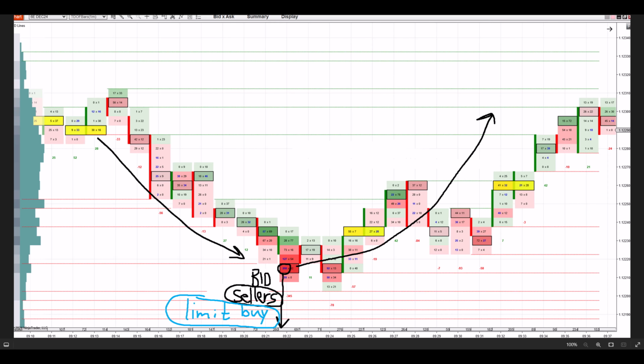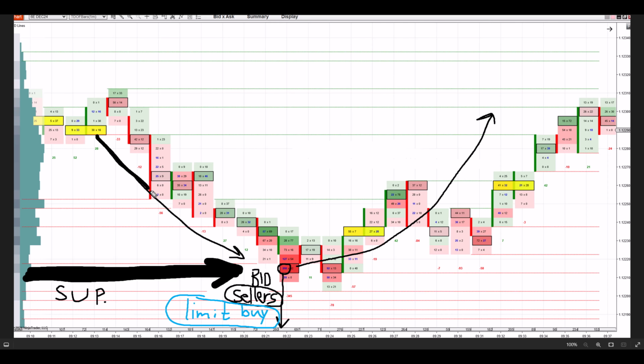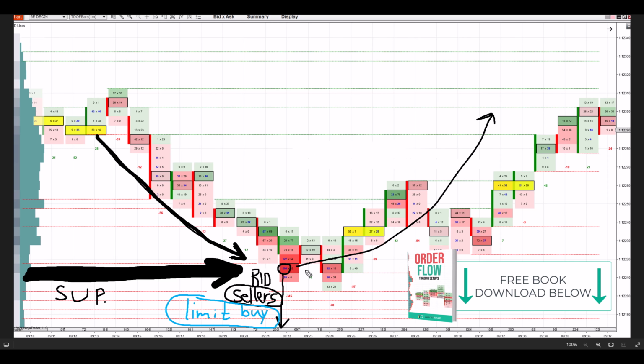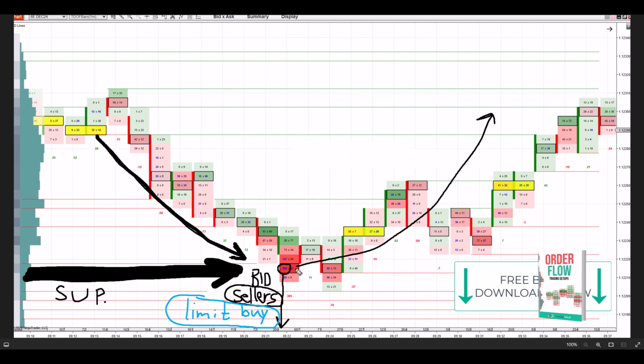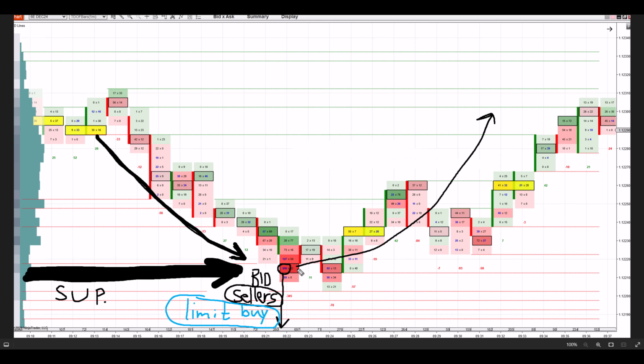So if, for example, in this case, there was a strong support, let's say based on a bigger picture, for example, based on volume profile, and the price is dropping towards that support zone, and when the price hits it, this huge order appears at bid, it makes more sense that this is actually a buyer who was waiting for the price to reach that support, and when it did so, he entered a limit buy order.